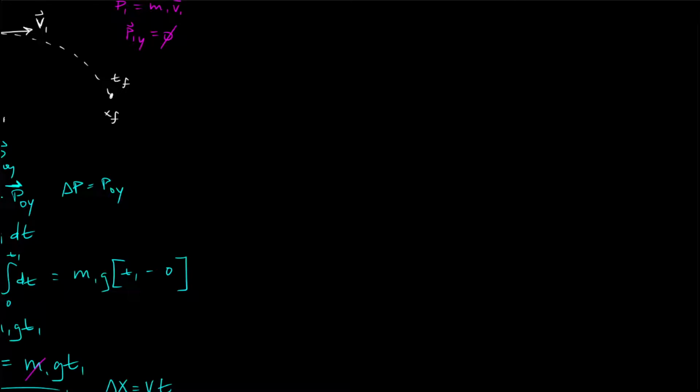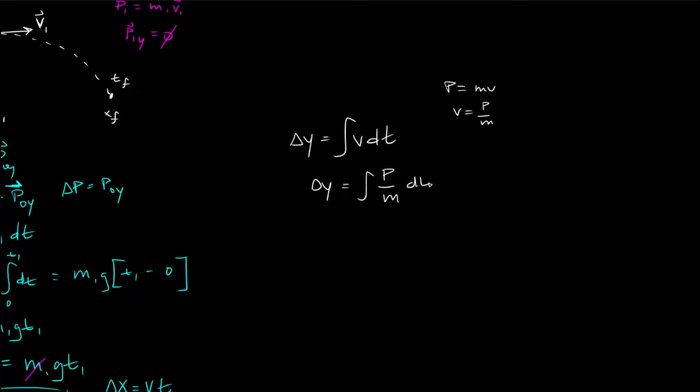And we can say delta y equals the integral of v dt, and if p equals mv, we can say v equals p over m, and delta y equals the integral of p over m dt, or because m is constant, delta y equals 1 over m times the integral of p dt.